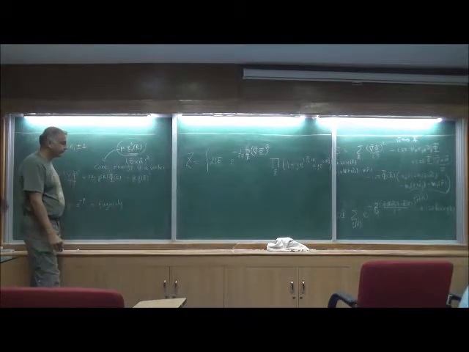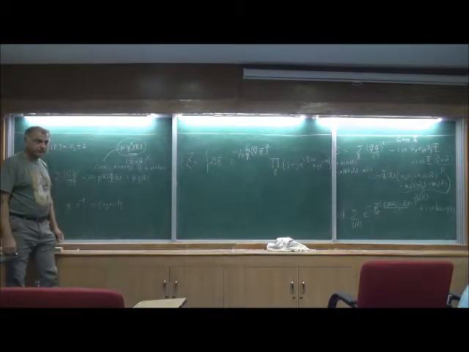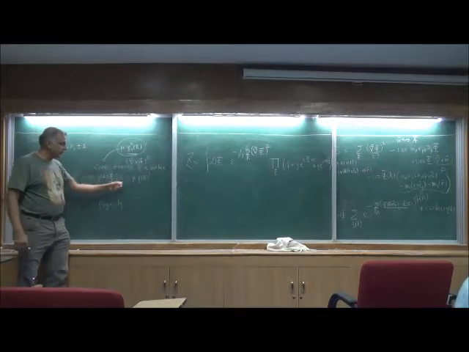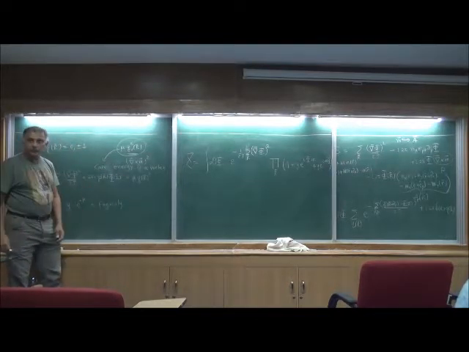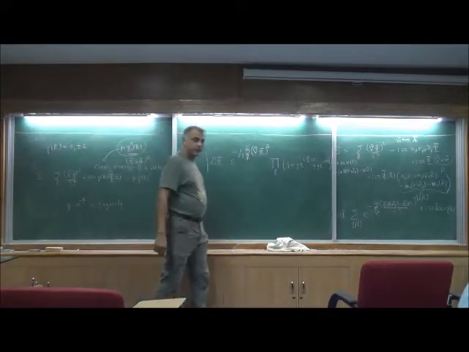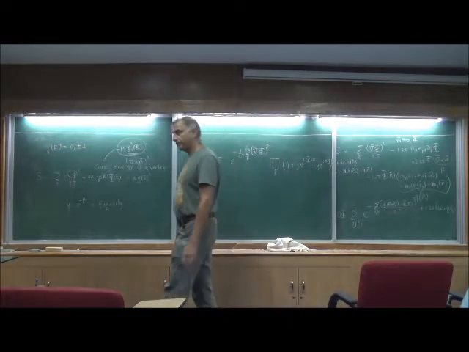You agree? Because when q is 0, this term doesn't contribute, so it's just a 1. When q is either plus or minus 1, it will be e to the minus mu, and that's what I'm calling y. Now remember, this y is very small, because I'm assuming that mu is large.